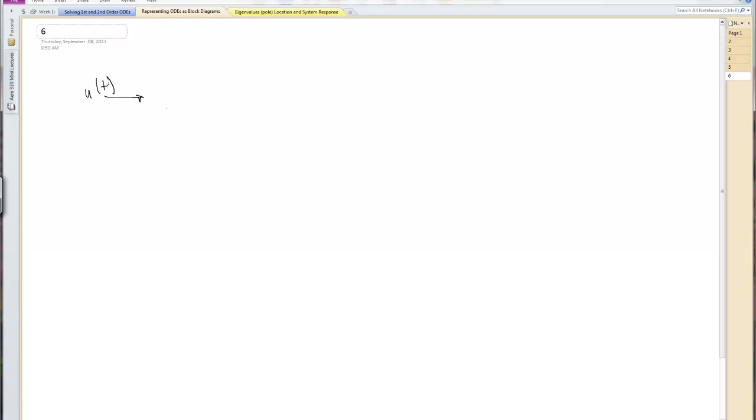I've got the sum junction here, and I'll try to be a little neat. I'll push that through omega n squared, and then add that together with some stuff, which we'll get to. Then I've got y double dot there. I go ahead and integrate again.